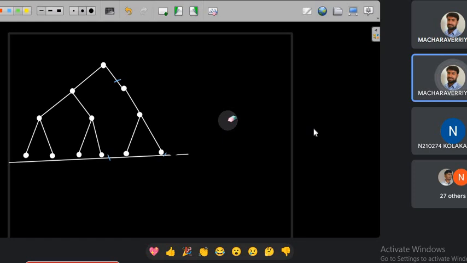It is not a full m-ary tree. Moreover, I can see it as a binary tree. Only thing, this has only one child. It is not having two children. So it is a two-ary tree, and it is balanced also because all leaves are at level 3, and the height of the tree is 3. All leaves are at level 3.